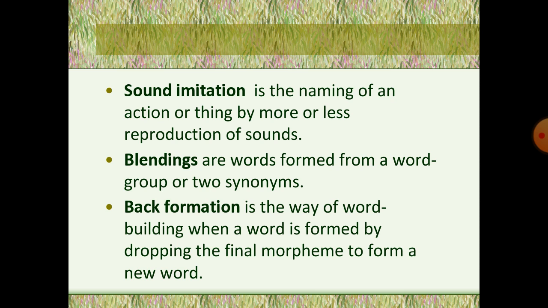And backformation is the way of word building when a word is formed by dropping the final morpheme to form a new word. It is opposite to suffixation. That is why it is called backformation. At first, it appeared in the language as a result of misunderstanding the structure of a borrowed word.